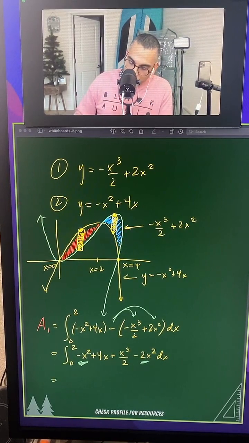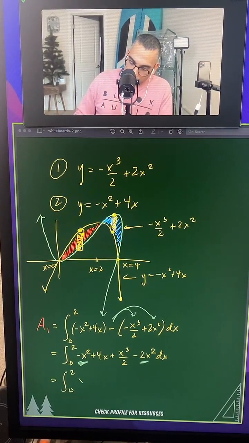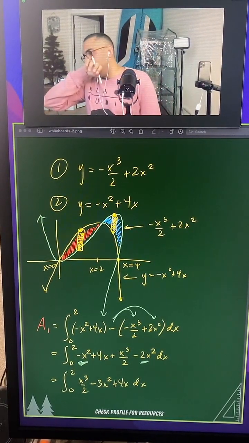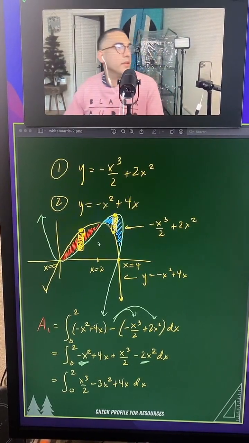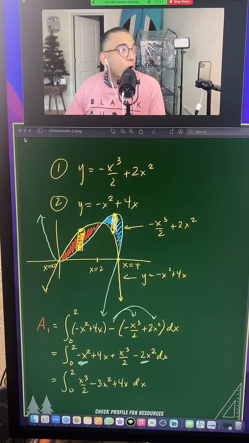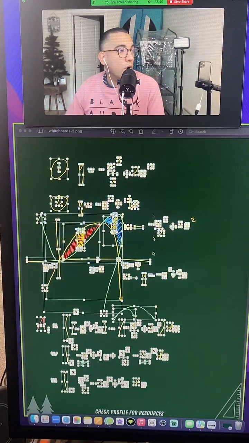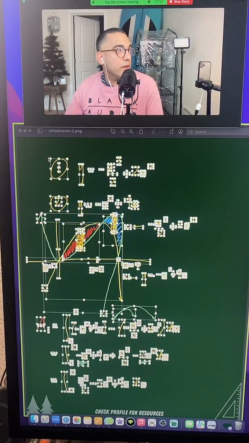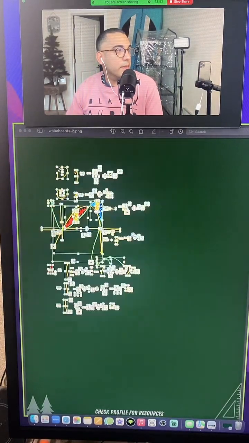So that leaves me with this beautiful integral from 0 to 2 of x cubed over 2 minus 3x squared plus 4x dx. All right. As always, guys, if you've been in my lives a couple times, you know we always need to create space on here because we're always writing these scribbles and we always need to simplify these things. Okay.